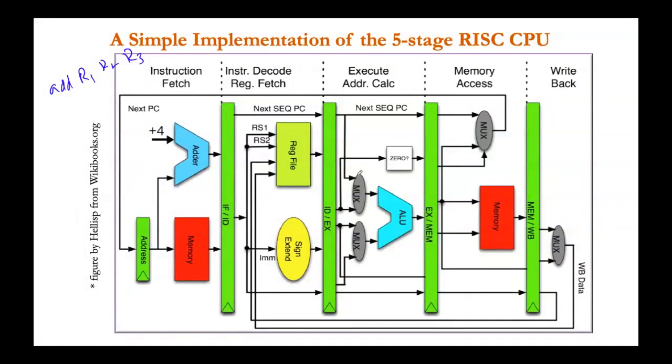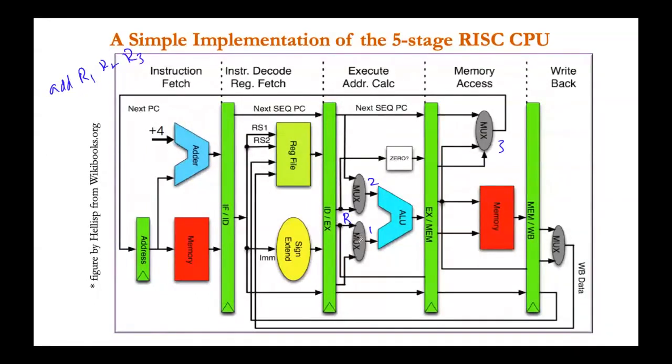Now see the multiplexers: multiplexer one, multiplexer two, and multiplexer three. These are very important. Multiplexer one is taking two inputs and giving one output, and that output of multiplexer one is given as an input to the ALU. So what are these inputs? One input of multiplexer one is the output of your register file.